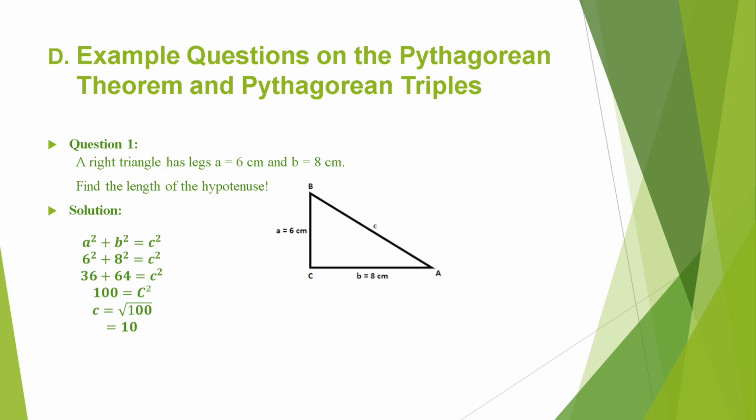Example questions of the Pythagorean theorem and Pythagorean triples. Question 1. A right triangle has legs a 6 cm and b 8 cm. Find the length of the hypotenuse. Solution. Friends, you can see how to do it by looking at the example I made. Question 2.